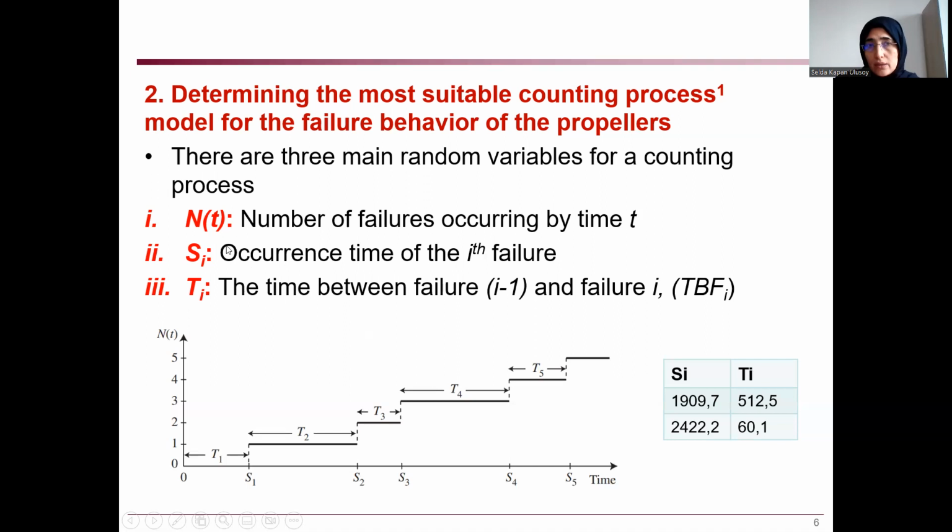You can see these random variables below in the N(t) versus t graph. N(t) is the number of failures on the y-axis, and the time is on the x-axis. Here, S1 is the first failure time, S2 is the second failure time, etc. And I gave you an example from our data here.